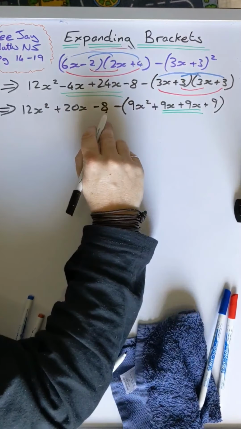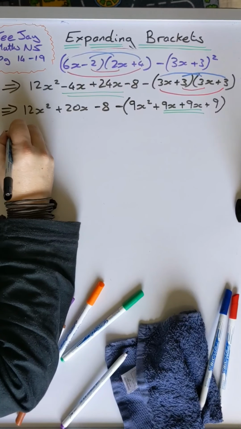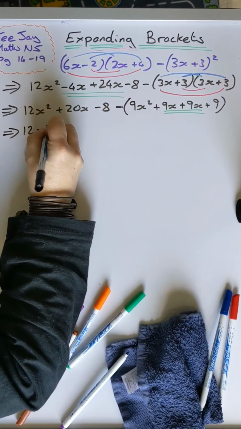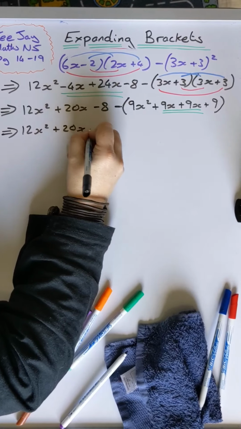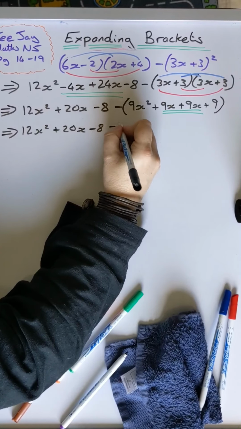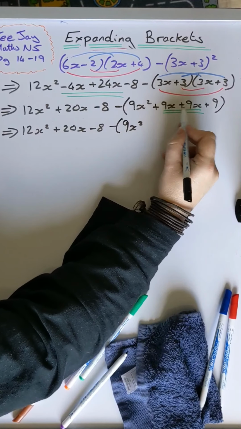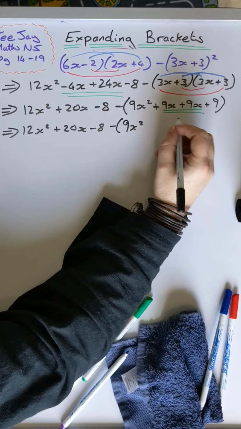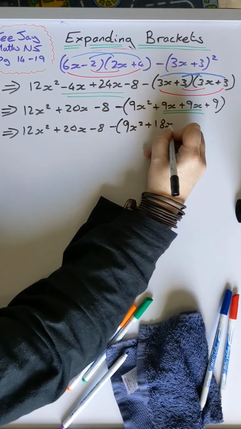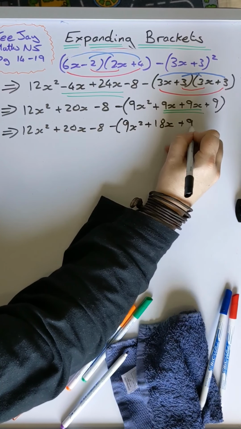Once I've done that, I'm going to deal with the minus. So I've got 12x squared plus 20x minus 8 minus bracket 9x squared, 9x plus 9x is 18, so plus 18x plus 9 on the end.